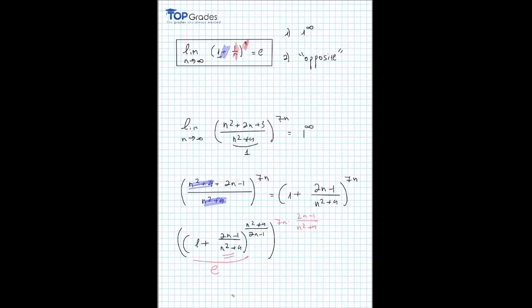So now let's find the limit of this power. It will be 14n squared minus 7n divided by n squared plus 4. Because I believe you practiced a little bit, this limit will be 14. So the limit will be e to the power of 14.